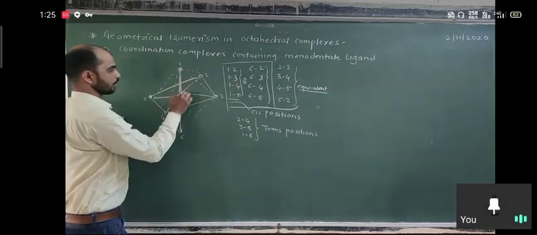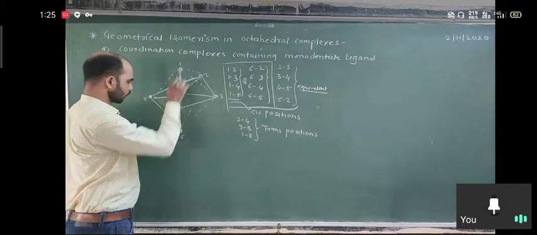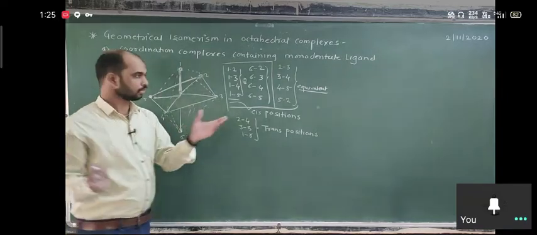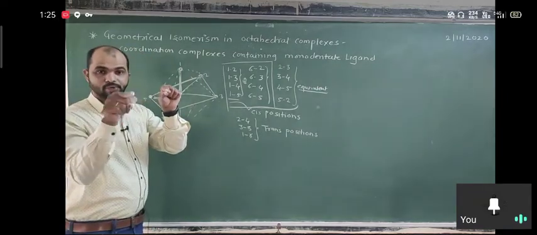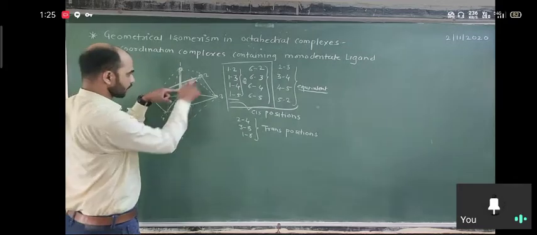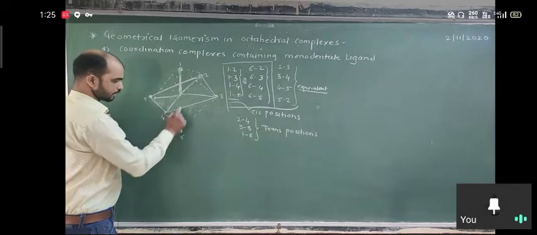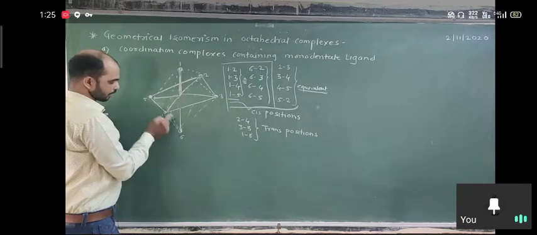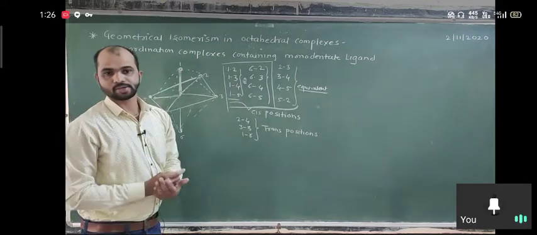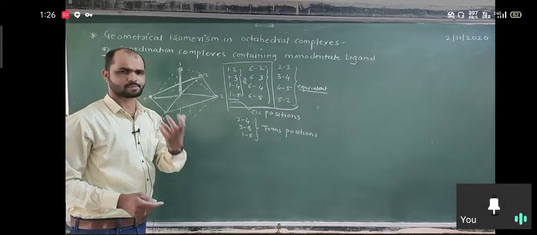Whether the two substituents are at 1,2, 1,3, 1,5, 1,4 or 6,5, all are the same, because each is one axial and one equatorial. So all these 8 positions are considered the same positions.